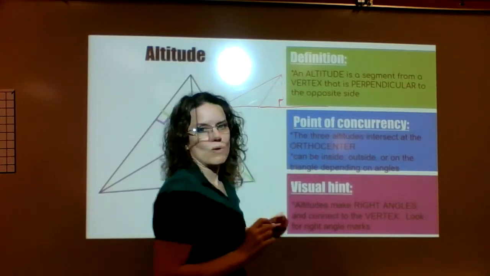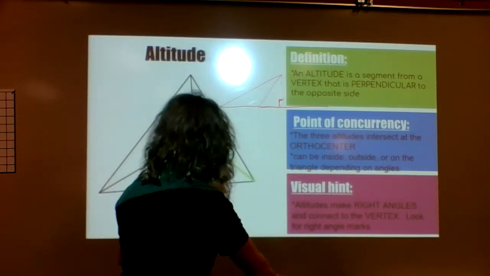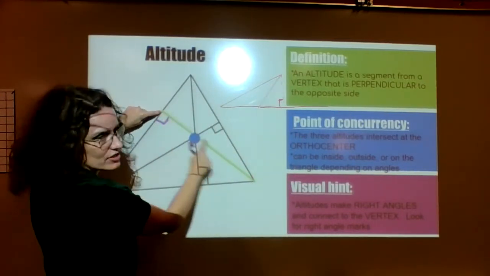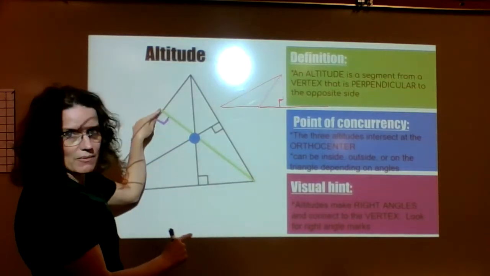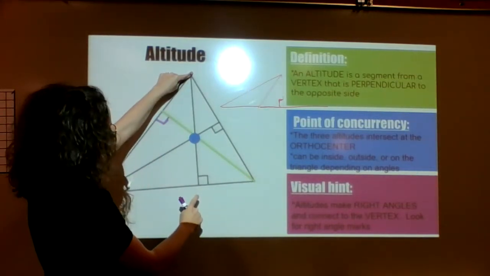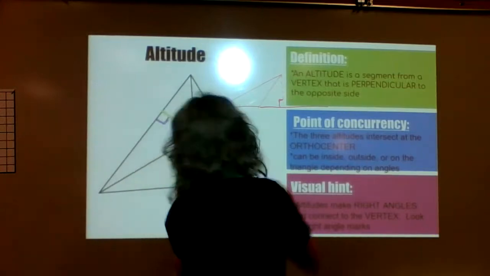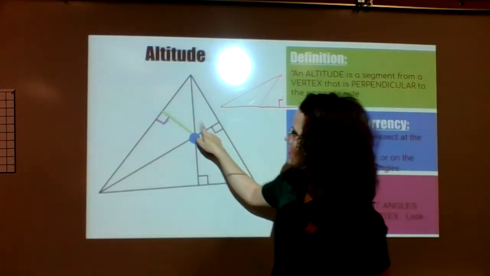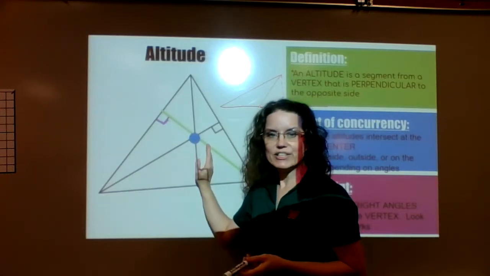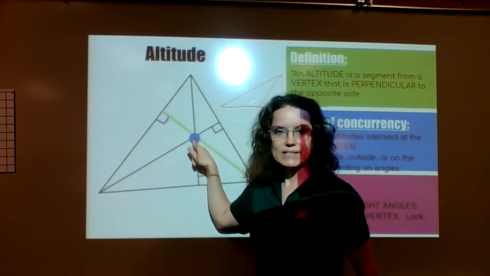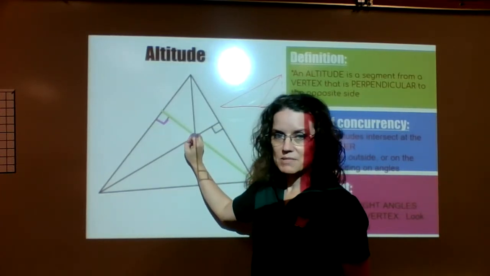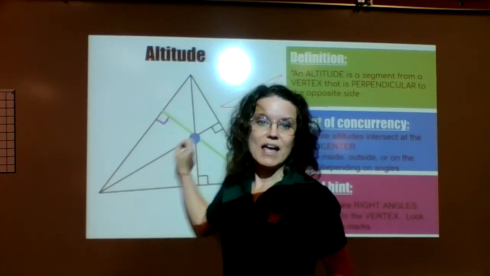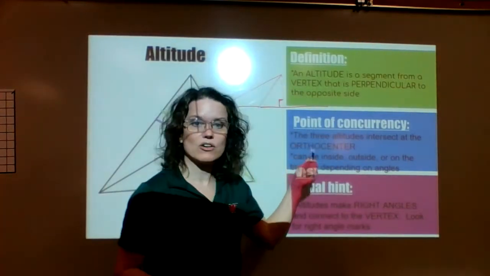They make right angles. Okay, so here we've got an altitude coming from this vertex to make a right angle. This one comes from this top vertex to make a right angle, and this one comes over here. Okay, notice once again, all of these altitudes are meeting at a point in the center, all three in the same spot. That's your point of concurrency. And for the altitude, your point of concurrency is called the orthocenter.